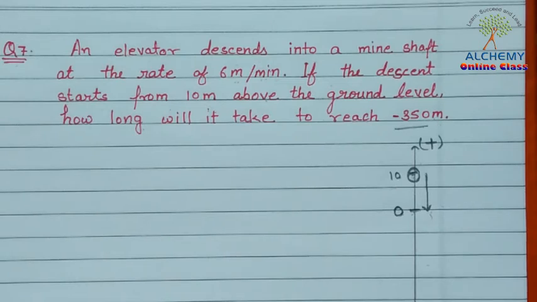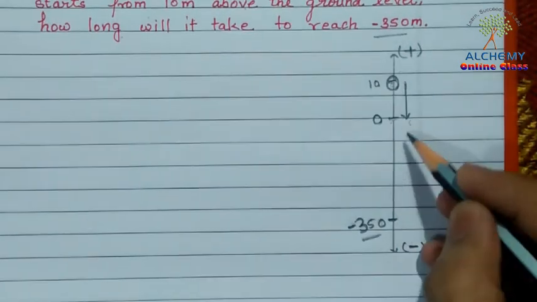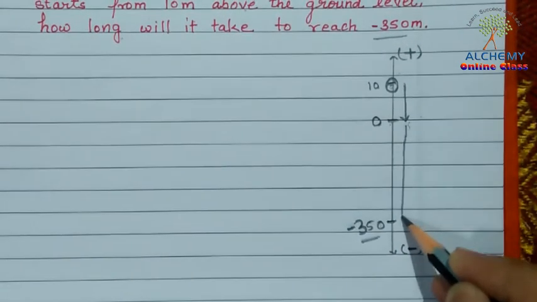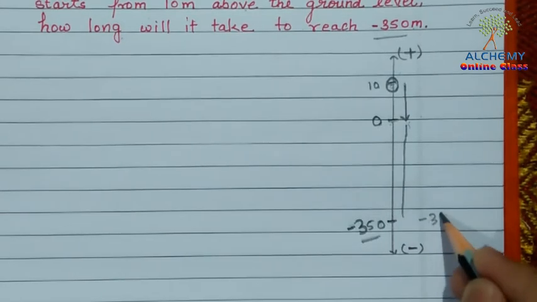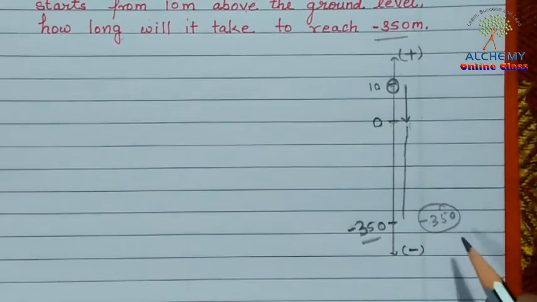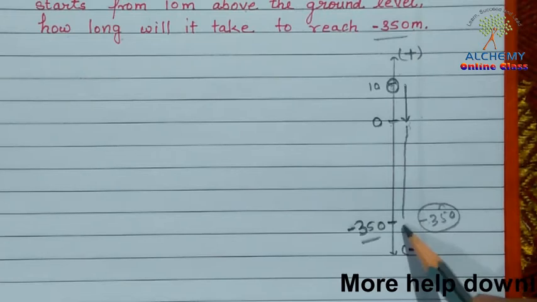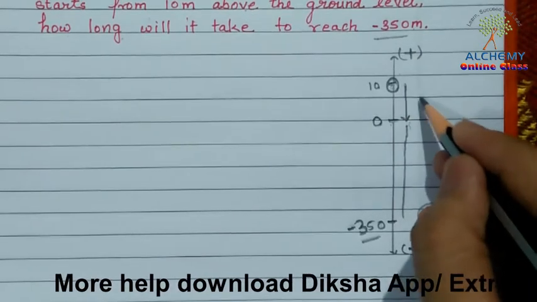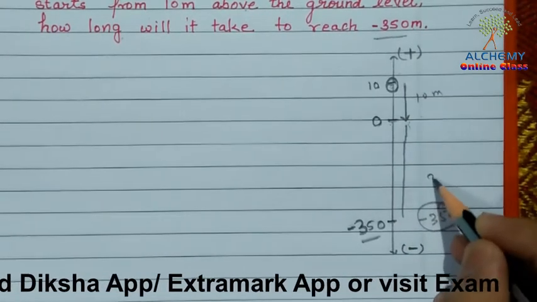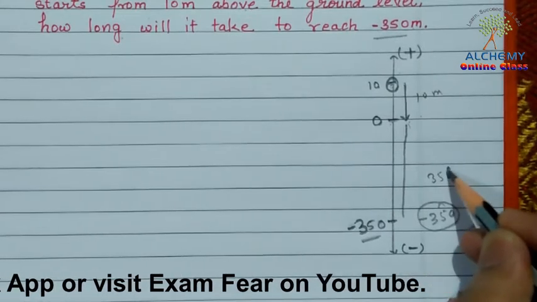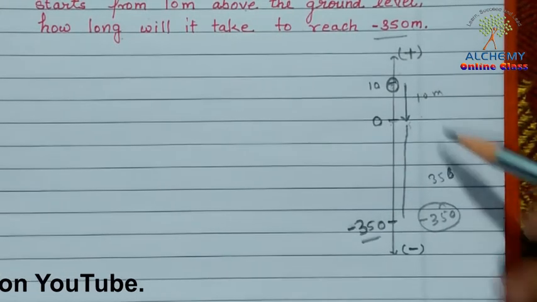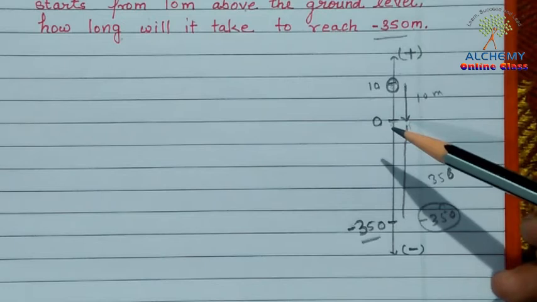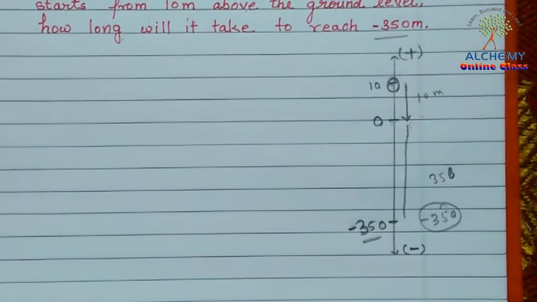When it descends 350 meters below the ground level, it reaches -350 meters. So here 10 meters and here 350 meters, total 360 meters distance traveled by this elevator. Okay, let's try to find it out.